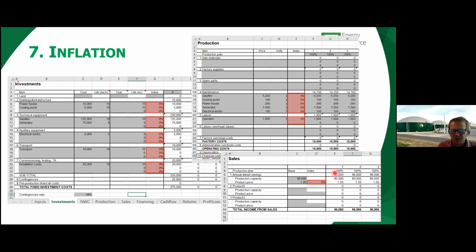If one is unable to increase with inflation, then it's going to have to be compensated by a higher start price.